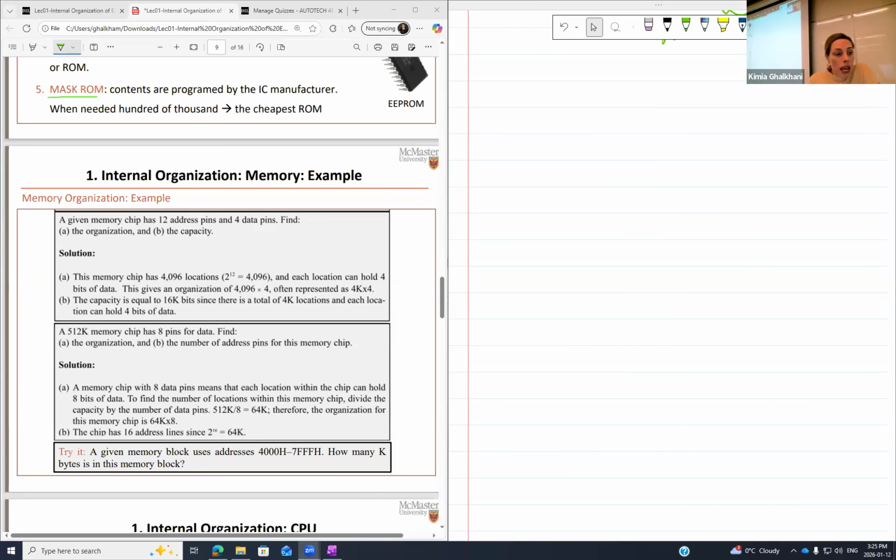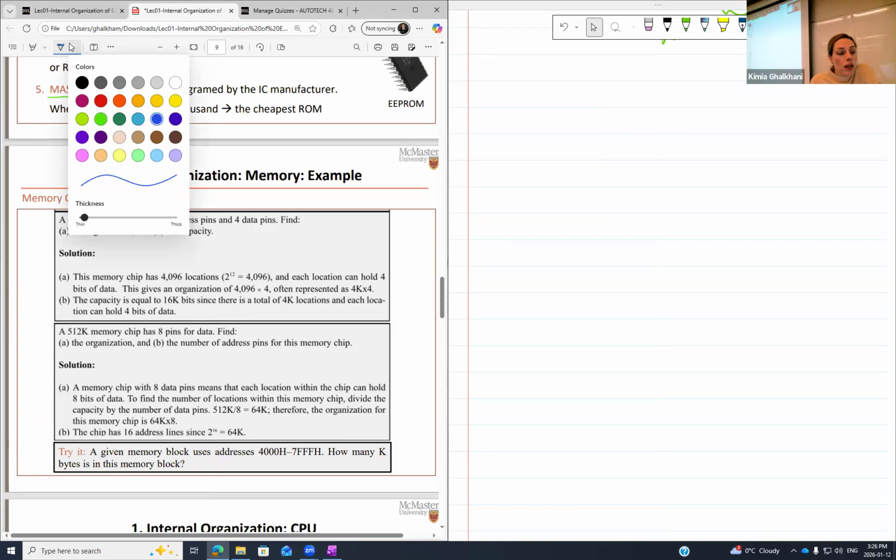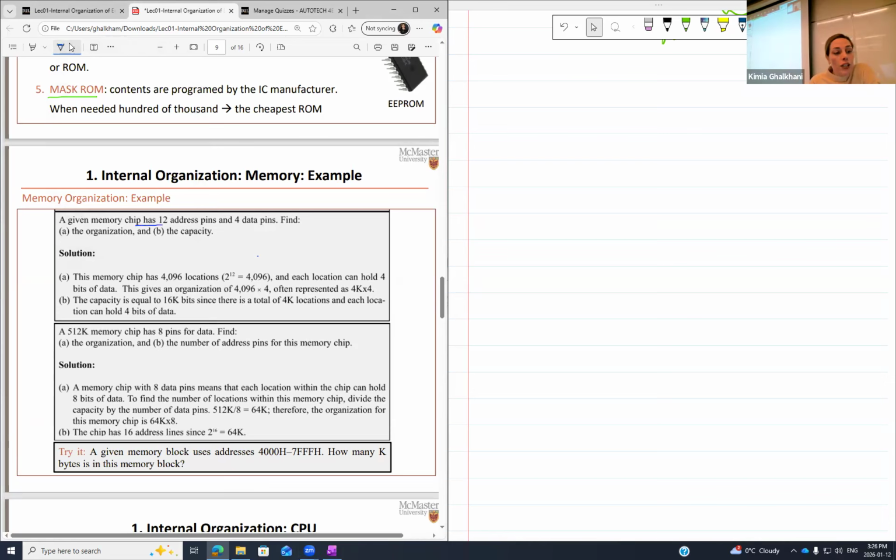Here I have been given a memory which has 12 address pins, based on the question, and 4 data pins. So these are the A pins, these are the D pins.